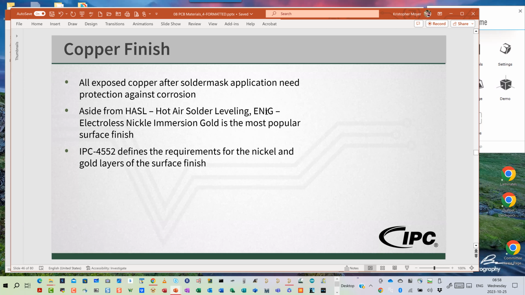It will on its own grow little thin hairs of tin, looks like little hairs growing off of the part, and they will basically build a little lattice of hairs that'll basically short contacts and short points together. So immersion tin, again, much lower cost process than ENIG, but now you run into a tin whisker growth problem.